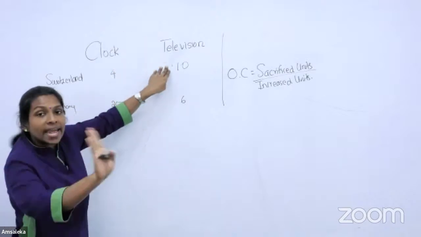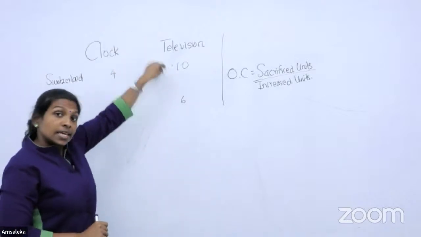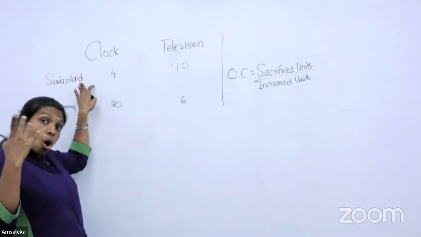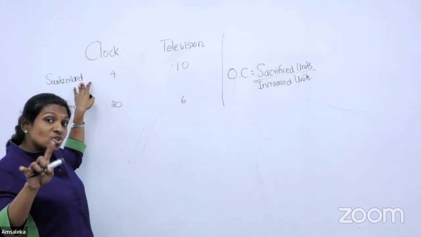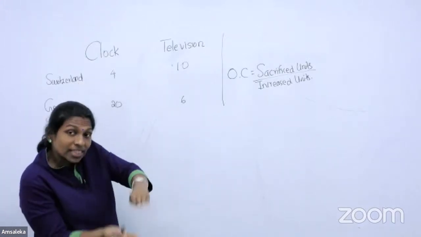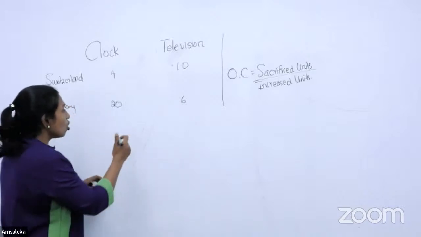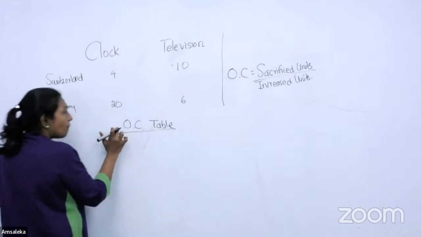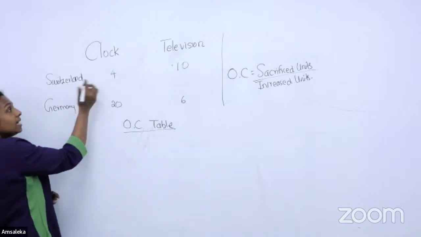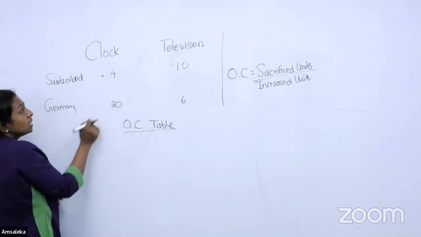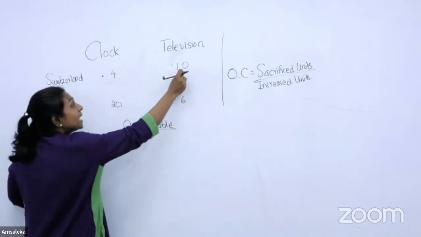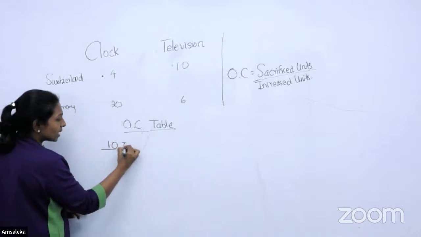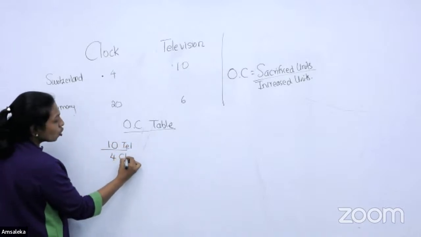Now my question: Switzerland can produce 4 clock or 10 television. If clock is produced, they cannot produce television; if television is produced, they cannot produce clock. So opportunity cost is done based on the country. For Switzerland, if clock is produced, 10 television is sacrificed to produce 4 clock.